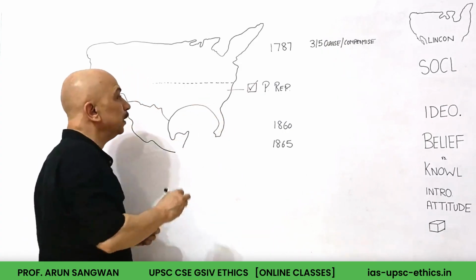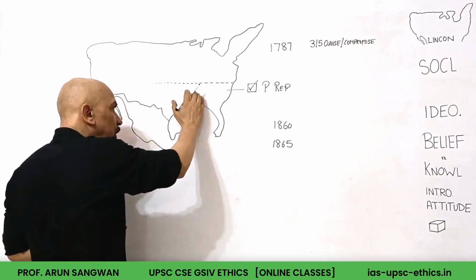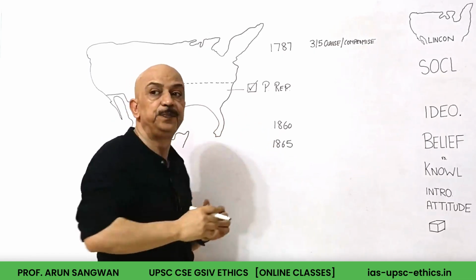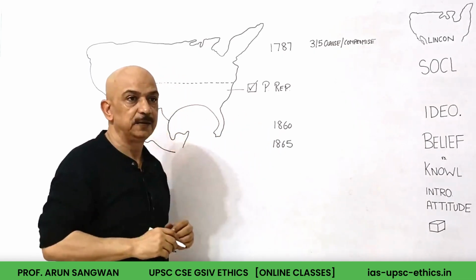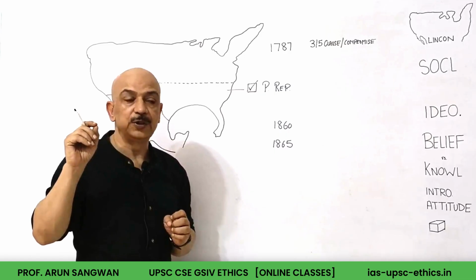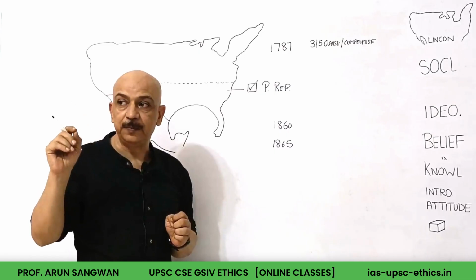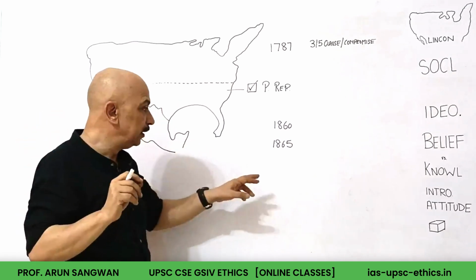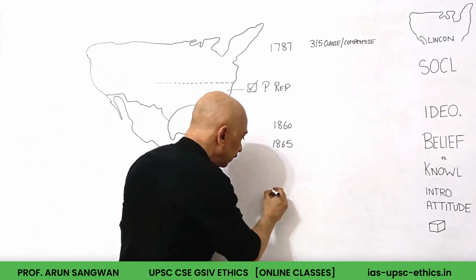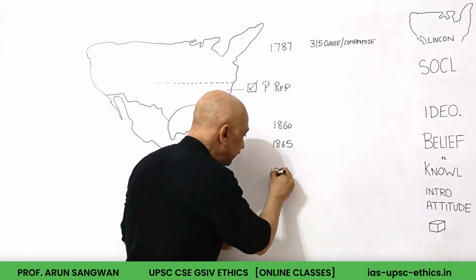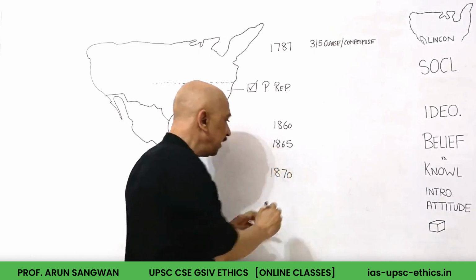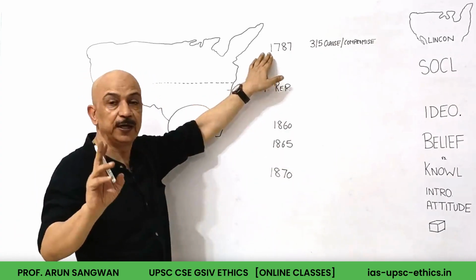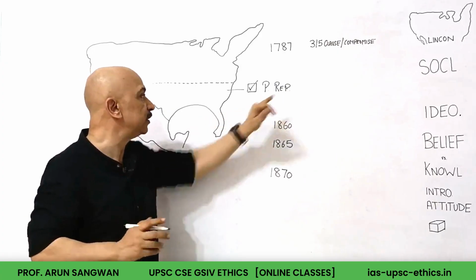All right? Because they got the black population to be counted for the purpose of seats. Please do not confuse it with black people voting rights or black male voting rights. Quickly, the black males were given voting rights in 1870. So here this was not about black people voting rights. More representation for southern states.